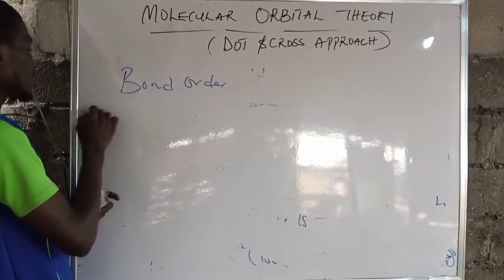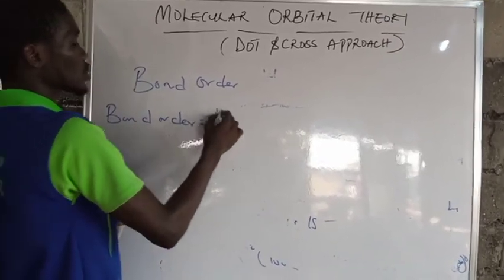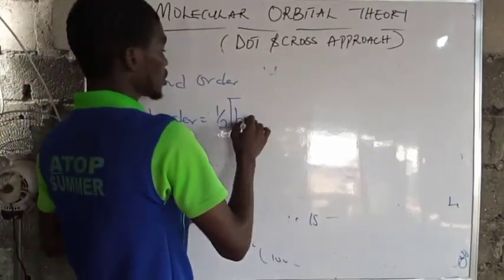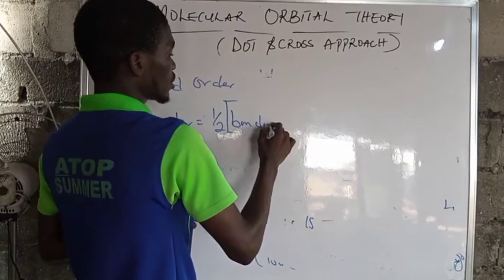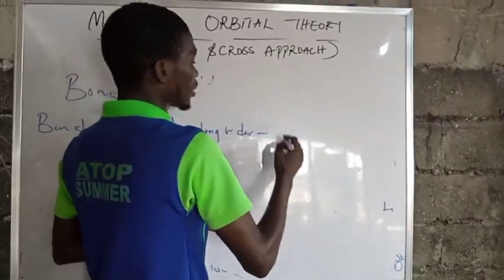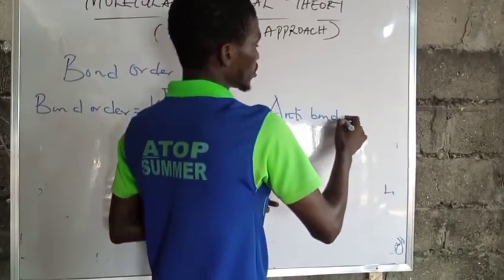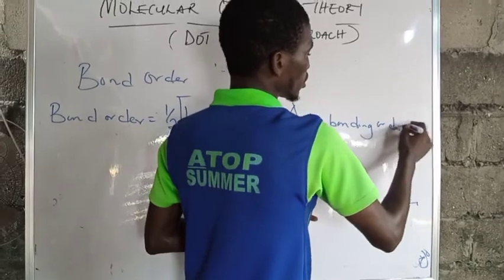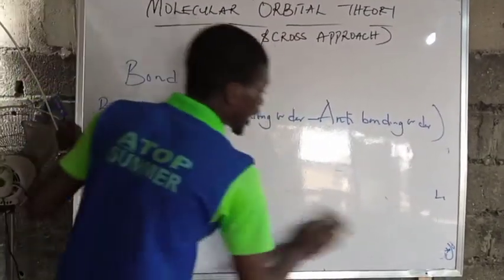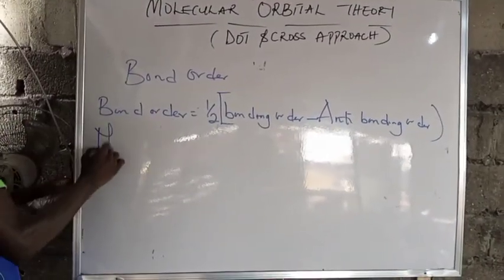The formula is bond order is equal to half, in the brackets we have bonding order minus anti-bonding order.